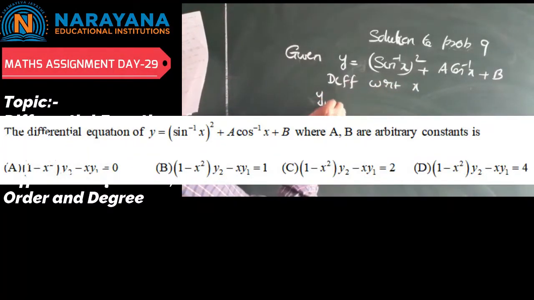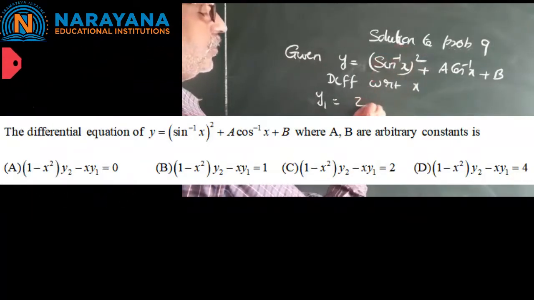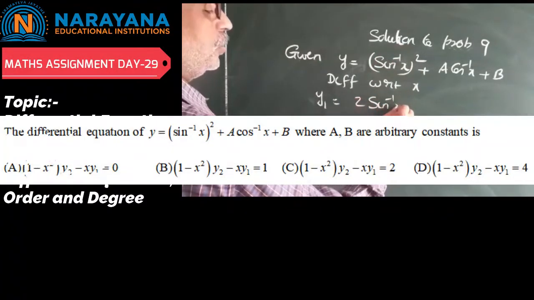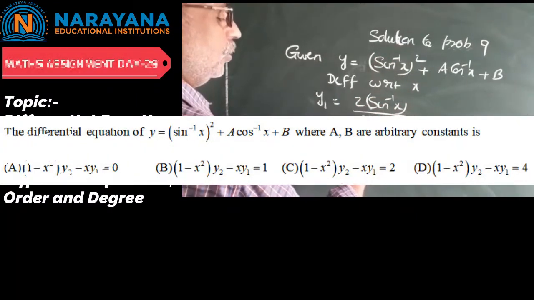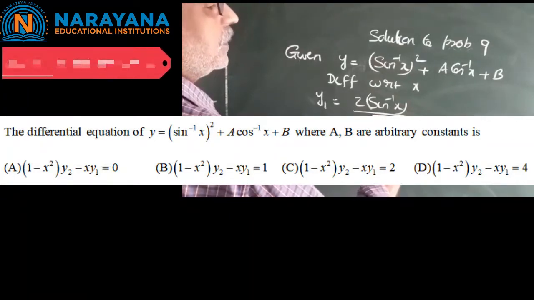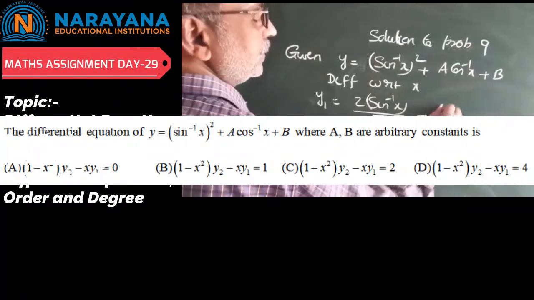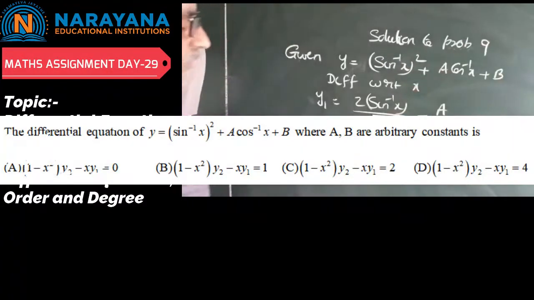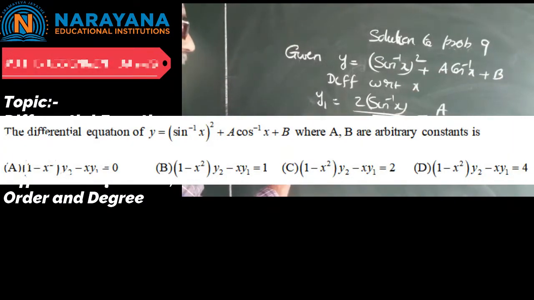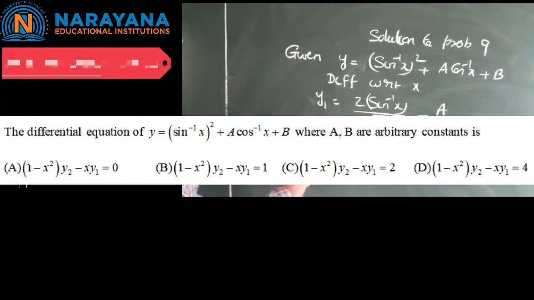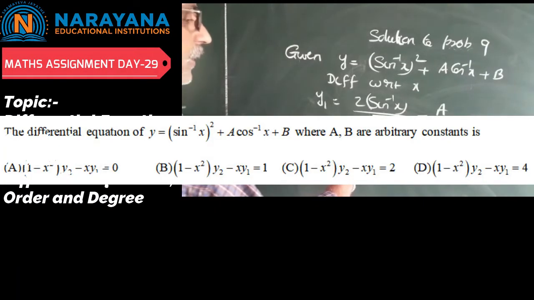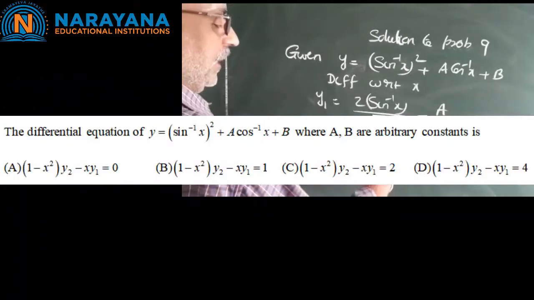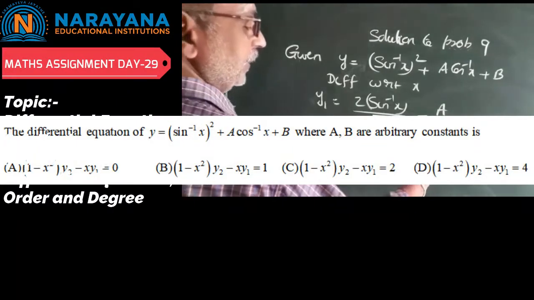So y1 equal to derivative of sin inverse x whole square, 2 sin inverse x divided by root over 1 minus x square. Derivative of cos inverse x is minus 1 by root over 1 minus x square. B derivative 0. So root of 1 minus x square into y1 equal to 2 sin inverse x minus a.